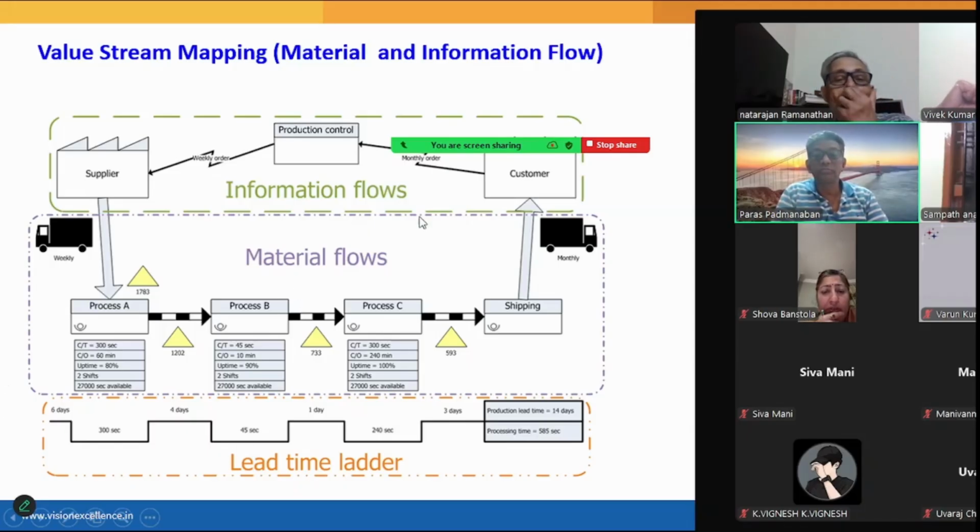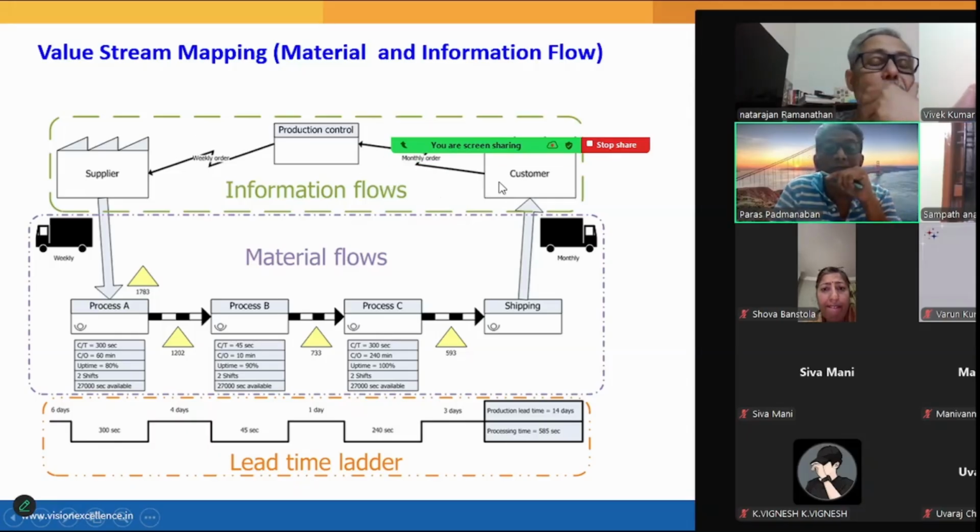Now, can you see that here there is information flow? So the customer places an order. Can you see the customer doesn't give anything which is in physical form, right? He is just giving some kind of information when he is placing an order. From the customer, the information is coming to the production control.